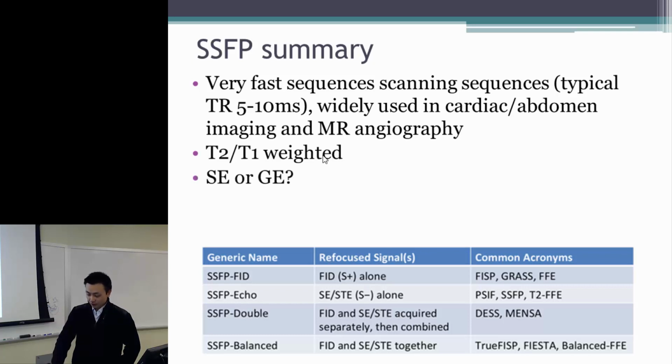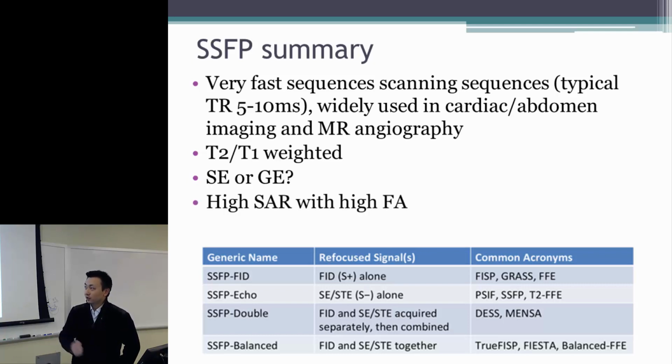This is a T2/T1-weighted ratio, and there has been an argument in the development of SSFP about whether the signal is more like a spin echo or a gradient echo. I still remember papers arguing this topic about 5 years ago, but nowadays people probably just treat it as its own thing rather than trying to explain it with spin echo or gradient echo.